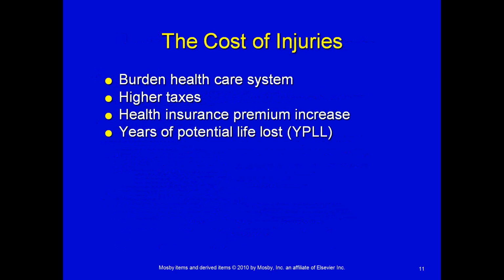If an individual at 18 years old dies unnecessarily as a result of a traumatic injury, and the anticipated age of retirement is 65, well, I'll make the math easier. He dies at 20 and 65. He had 45 years of potential life lost.